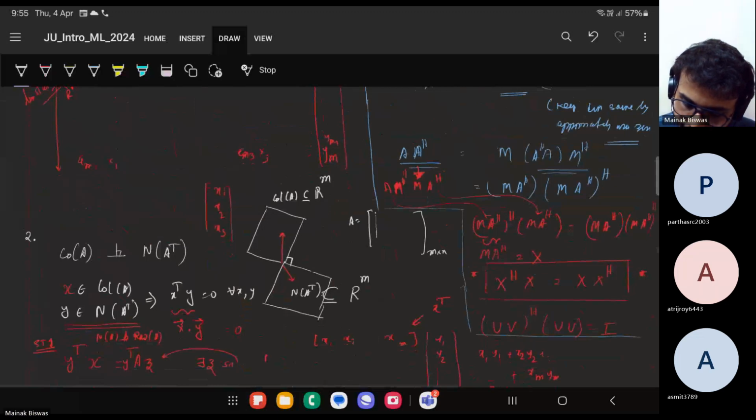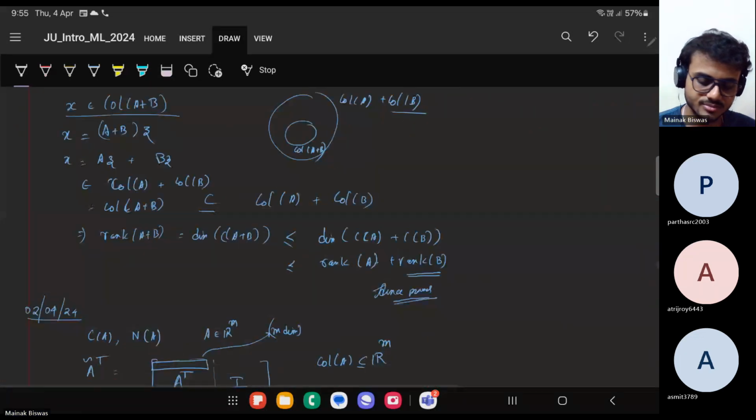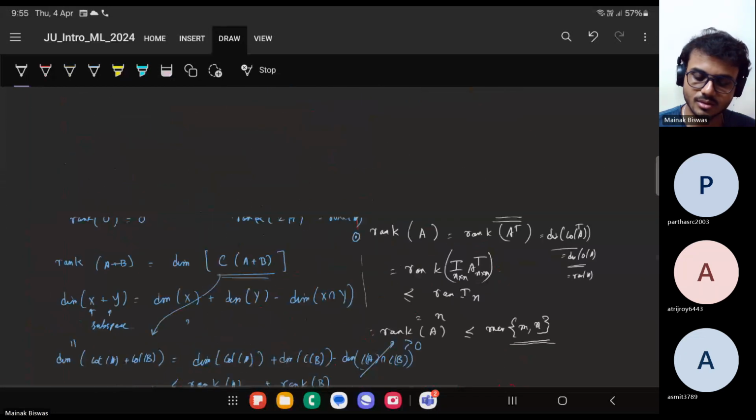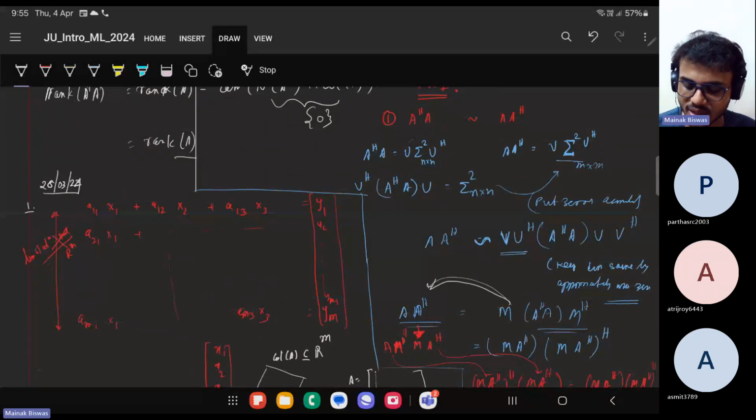AM, because I took A Hermitian A. The other way around, it will be true, right? If I took M on the other side, MA would also have been normal. If I wrote A Hermitian A as M Hermitian A Hermitian M, instead, I would make M on the left hand side. Then only it will work.